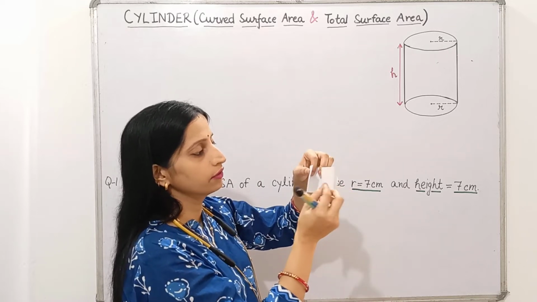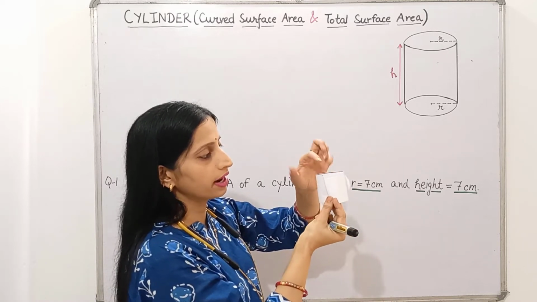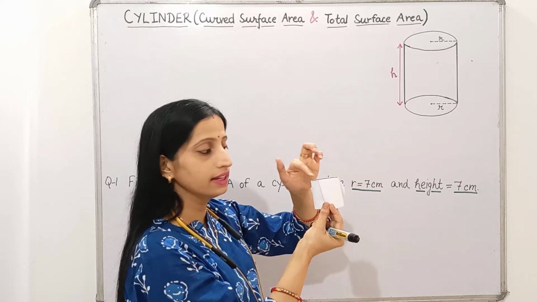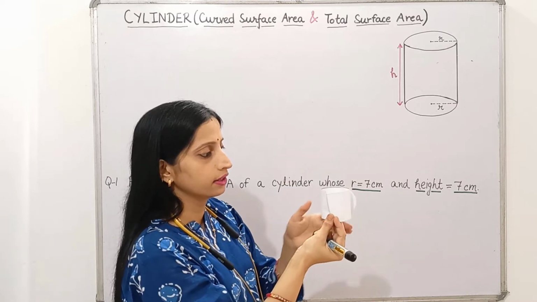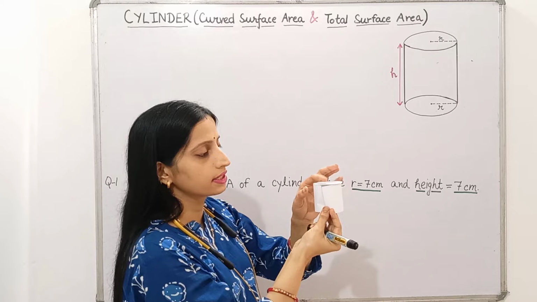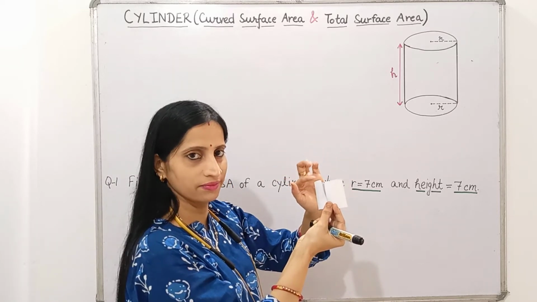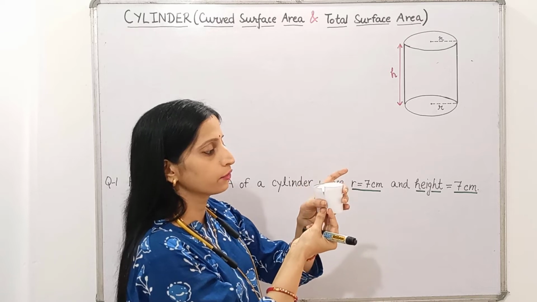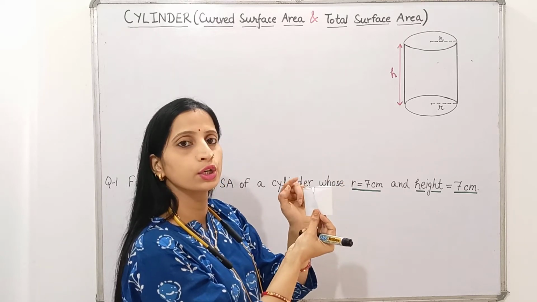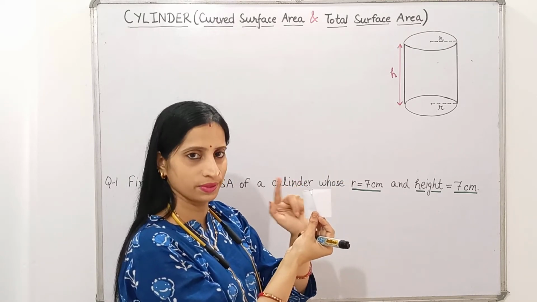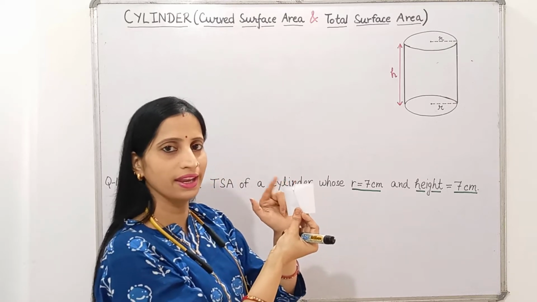Length means when we fold it, we will find a circle. And this circular part is nothing but the circumference or the boundary of this circle. Okay, so the formula of the circumference is 2 pi r. The circumference of a circle is 2 pi r.